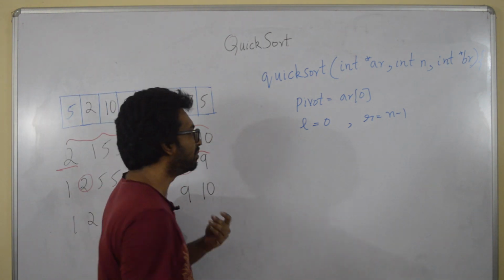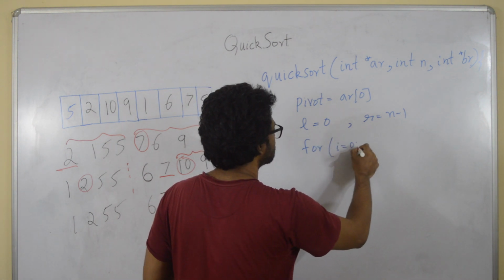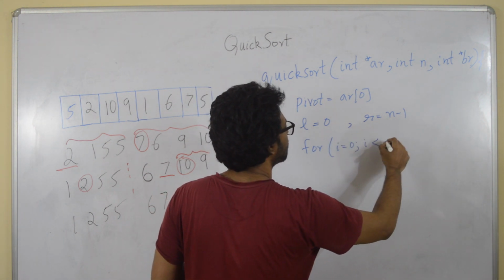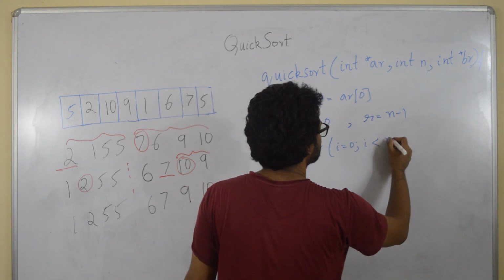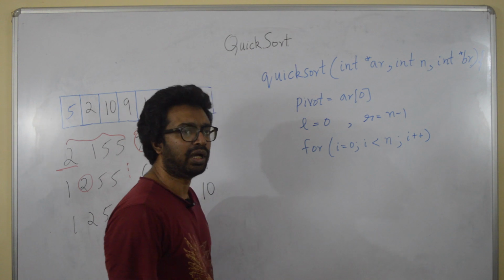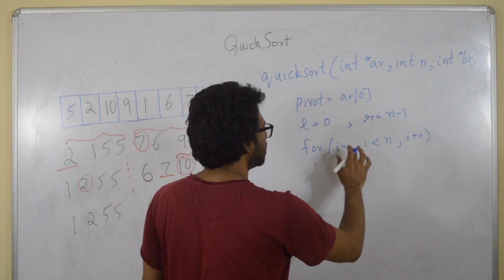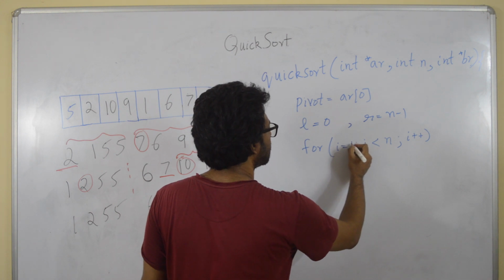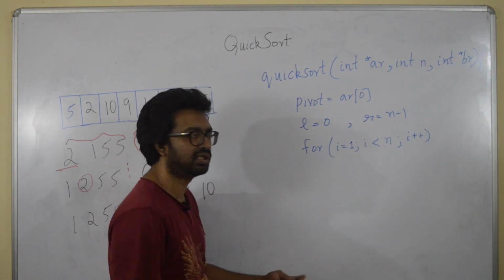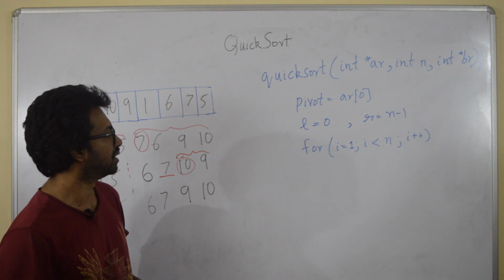Now I'm going to write my for loop. I could have just started I from 1, if you want.